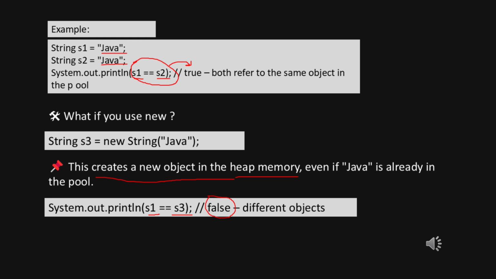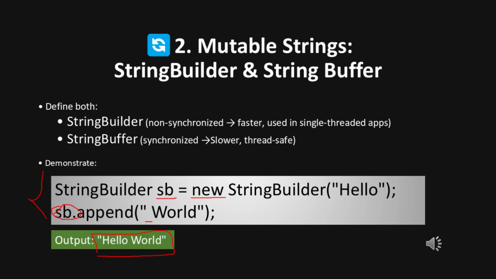Now we move on to mutability: StringBuilder and StringBuffer. First one is StringBuilder, not synchronized. It's fast and used in single-threaded apps.